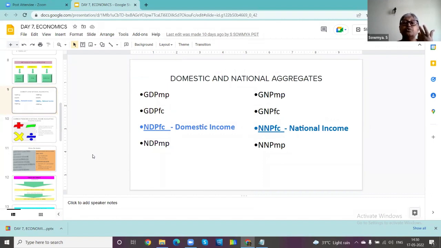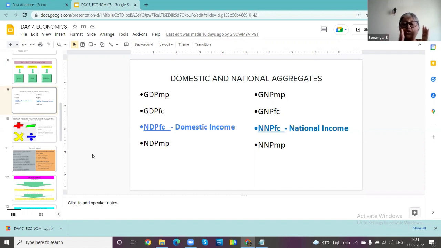Right? So we'll have to tell them how market price is different from the factor cost and how market price does not reflect the correct value addition that is done within the domestic territory and also by the normal resident.